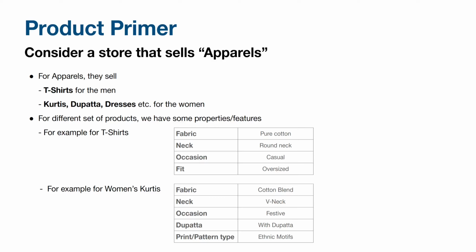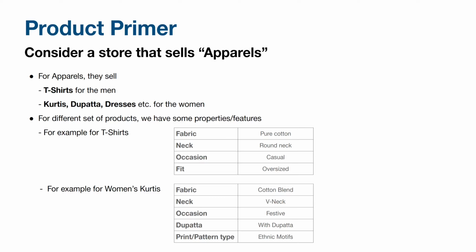The value for this property fabric is pure cotton. Similarly, we have another property, neck, the type of neck the t-shirts have. This one has a round neck for a particular product. Occasion, it's a casual type of t-shirt, and fit is oversized t-shirt. So this could have been a product with these set of properties and features.